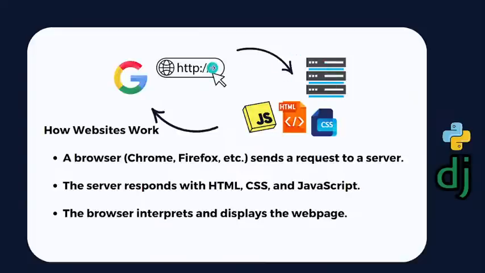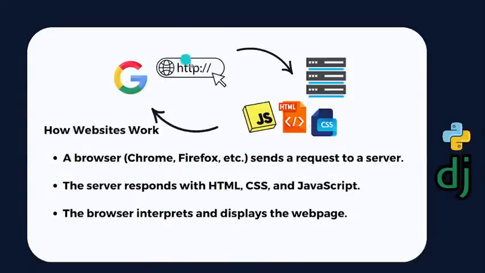The server is the one that knows where the files are stored. This URL goes to the server, and the server will respond with the files of HTML, CSS, JavaScript. These are the files, and it will give the files to the browser.